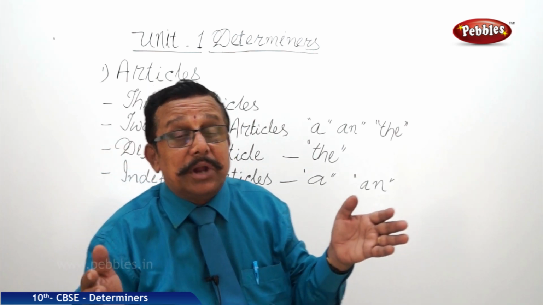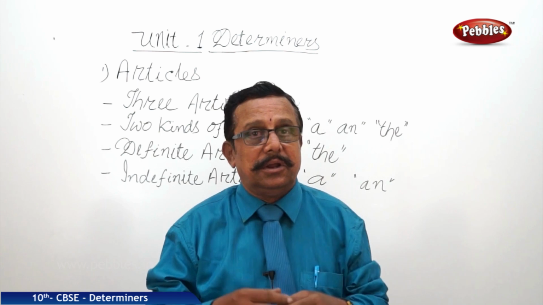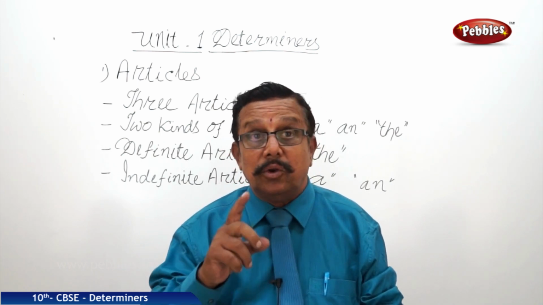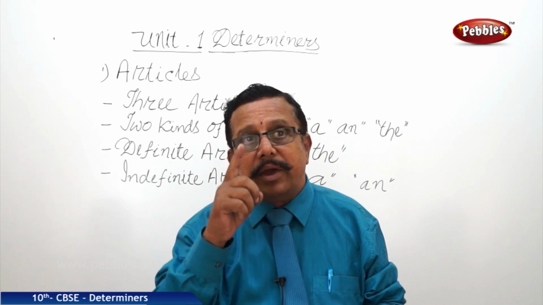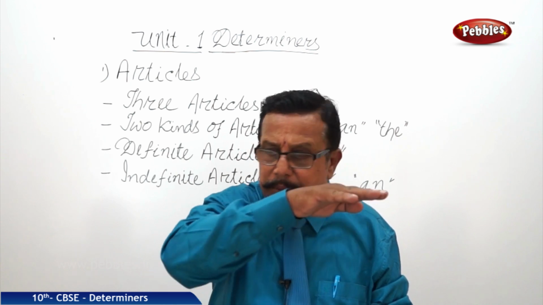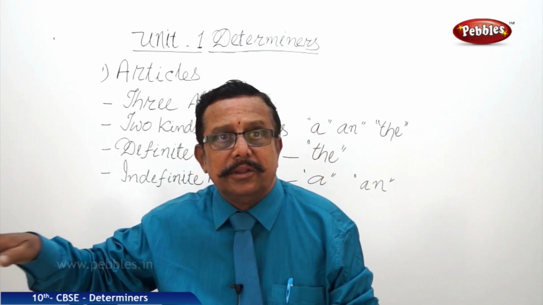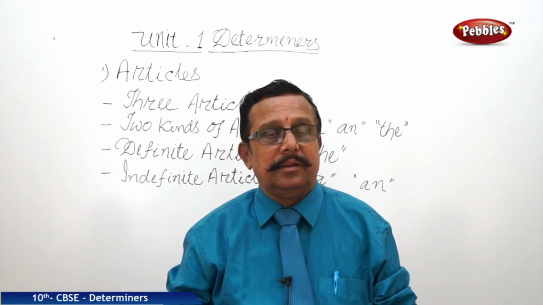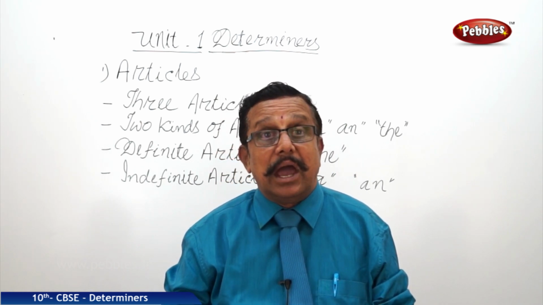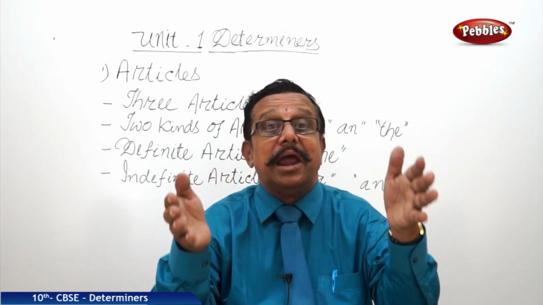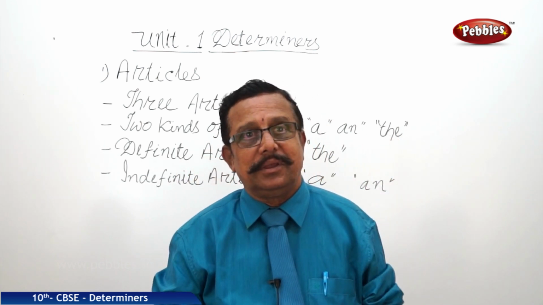So why should we have these many articles? To put us in a dilemma or in a confusion? No. Language is a language. When we speak it, there should be a flow. There should not be any obstacle when we are speaking, right? And so we have these 3 articles in 2 kinds.